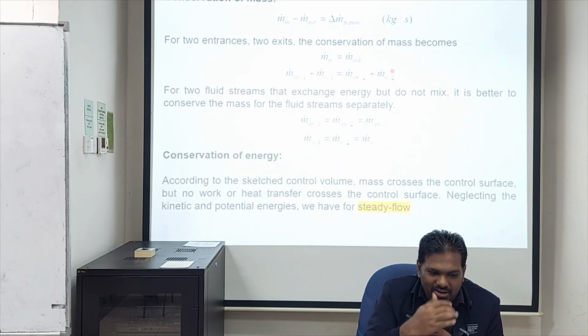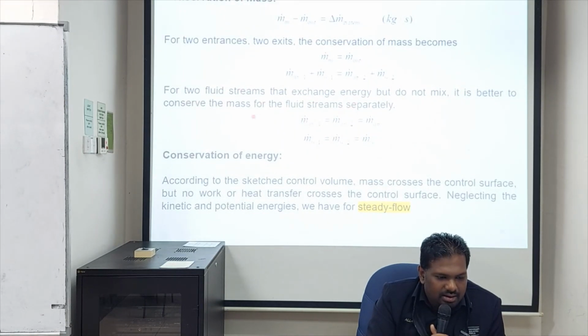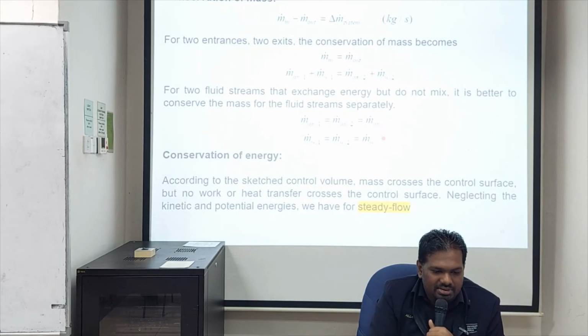So conservation of mass. For two fluid streams that exchange energy but do not mix, it's better to conserve the mass of each fluid stream separately. So you jadikan dia asing lah. So air asing and water asing. So you dapat macam ni lah.